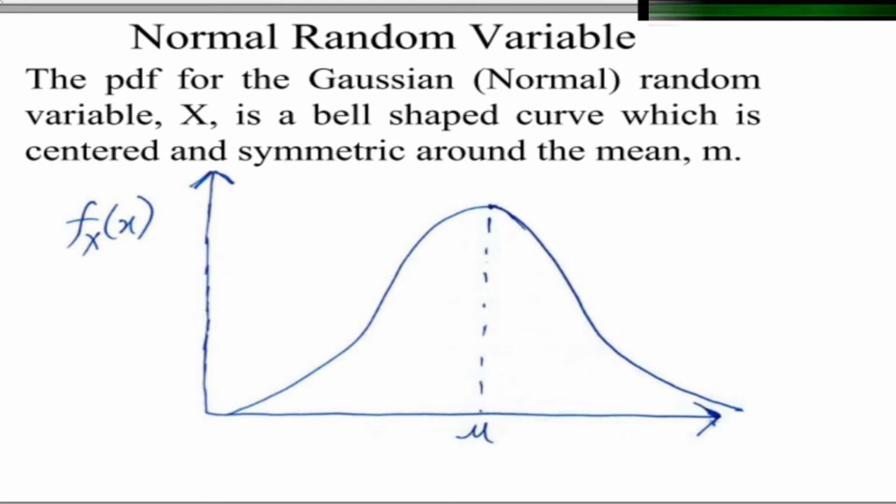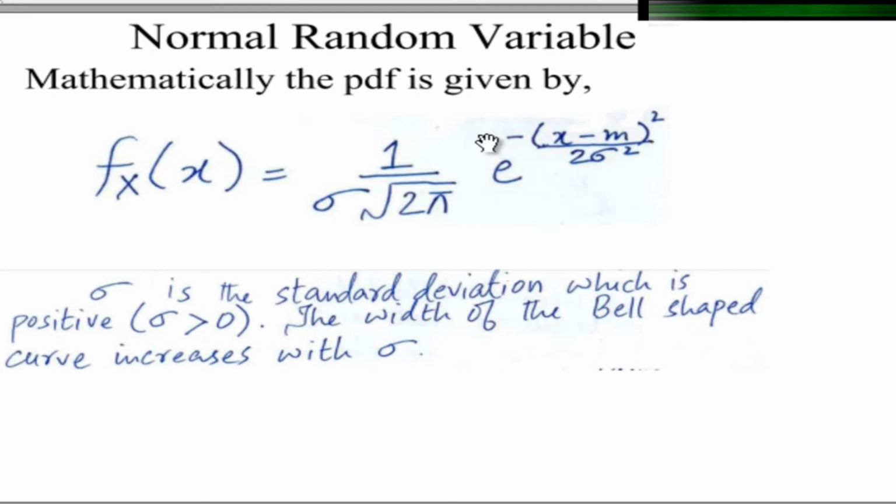Let's move on. So this is basically the formula or mathematical equation of a PDF of a random variable. This is 1 over square root of 2 pi sigma into exponential of minus (x minus m) whole square divided by 2 sigma square.